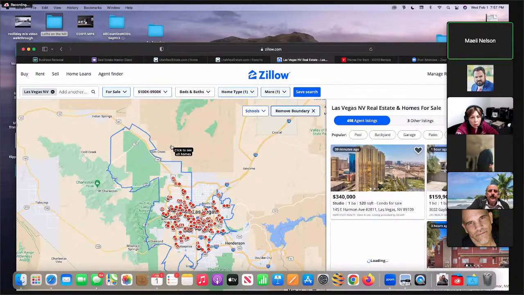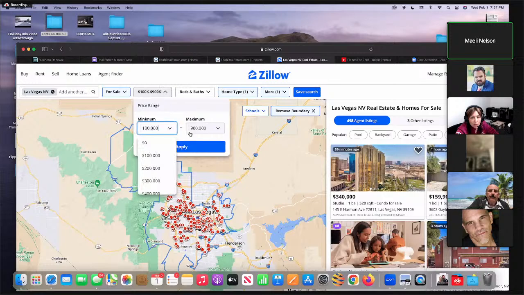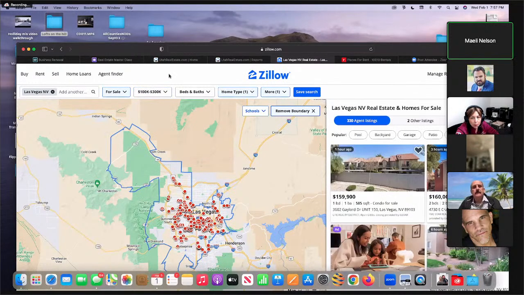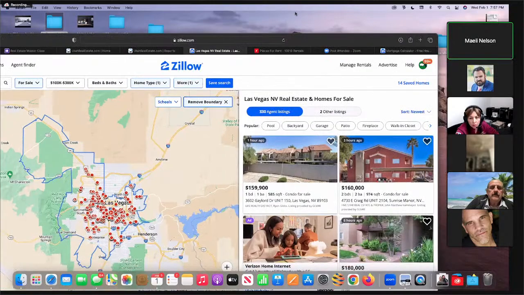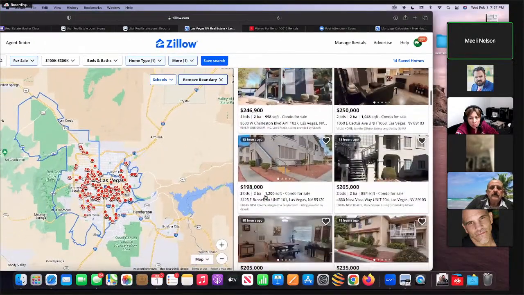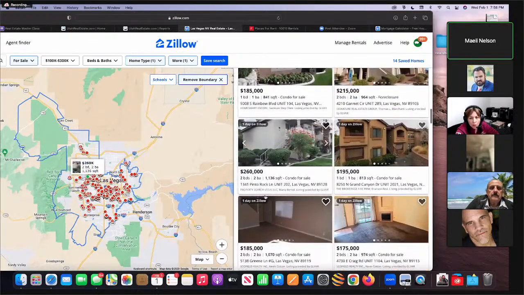Let's see what's available here. And you really want to narrow it down. You said it was like two something. Yeah, it's 288, I think, something like that. Let's see here. We've got a tower we're looking for. I'm surprised how many things are actually for sale in the 200s.